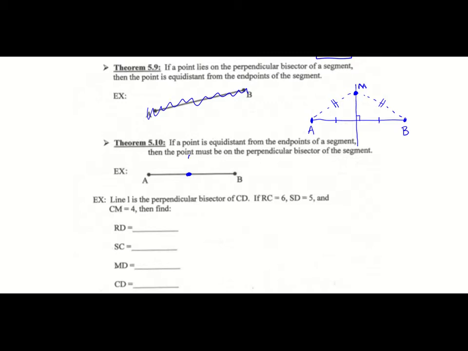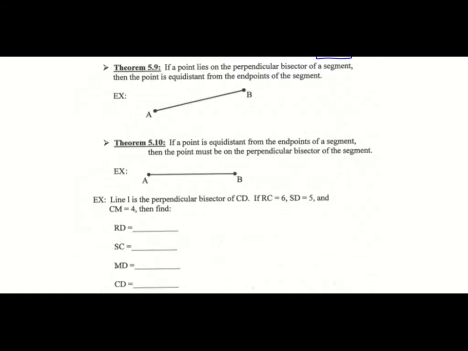So if we have a point up here, again, and we know that this distance and this distance are the same, then we know it's on the perpendicular bisector. So it's just the opposite of the first theorem. First theorem is saying first we know it's a perpendicular bisector, then we know it's the same distance away. The second one's saying if it's the same distance away, then we know it's on a perpendicular bisector. So it works both ways.